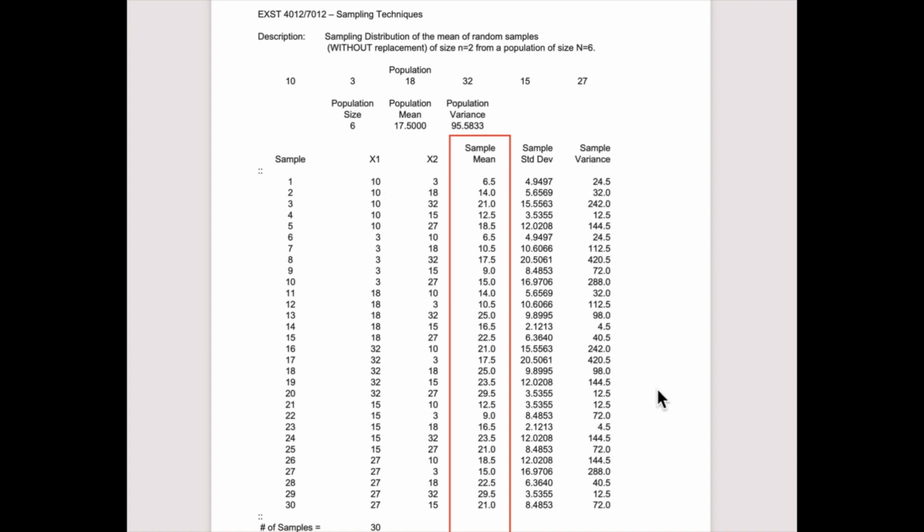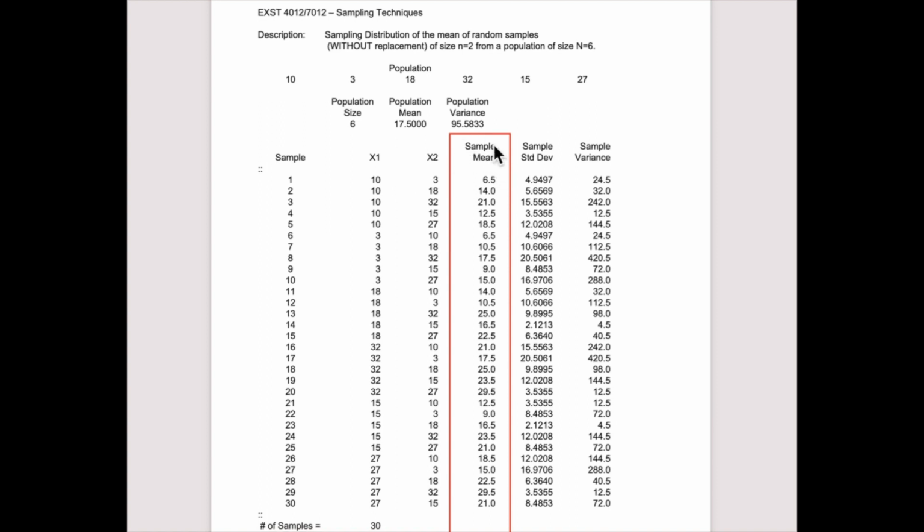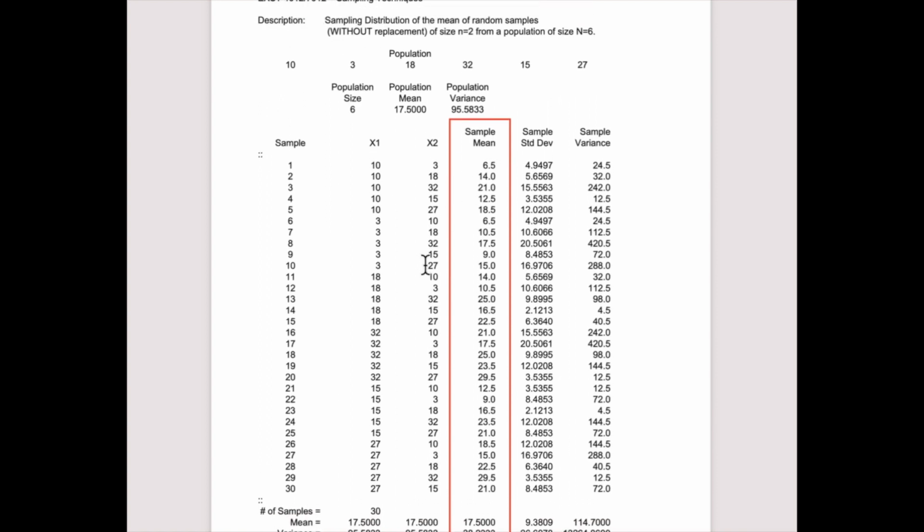We've also got up here the population of 6 values, and we've calculated the population size, which is 6, the population mean, which is 17.5, and the population variance, which is 95.5833, rounded to 4 decimal places. At this point, we're interested in this column that I've got highlighted.